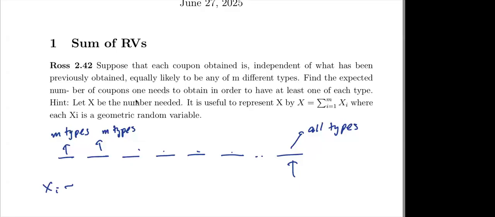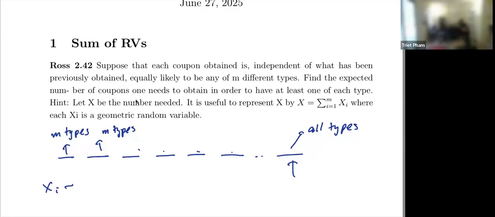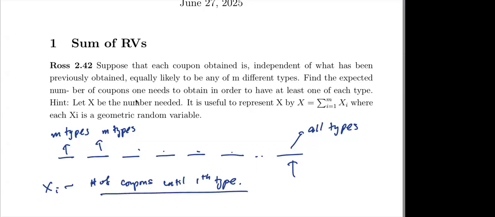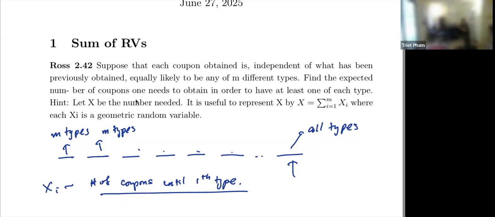Is my guess. It's not specific enough, I'm afraid, but let's see. Number of coupons until the ith type, is it the same? Or the number of additional coupons from the i-1th type till you see the ith type, maybe. That's much better.